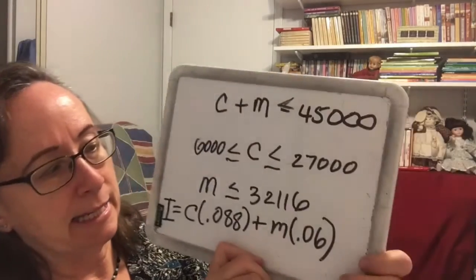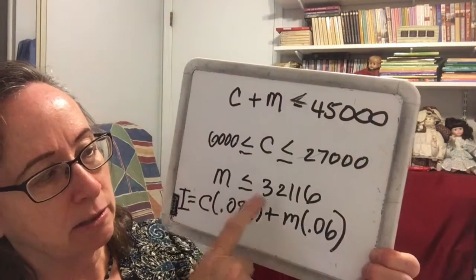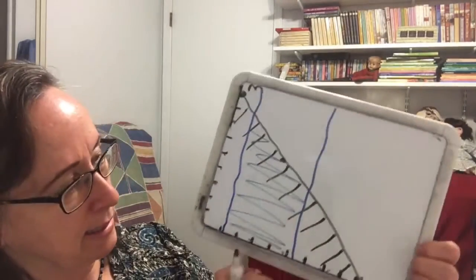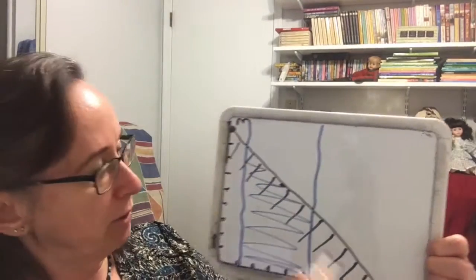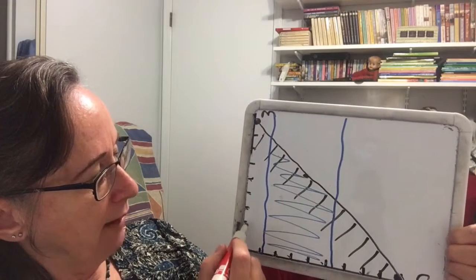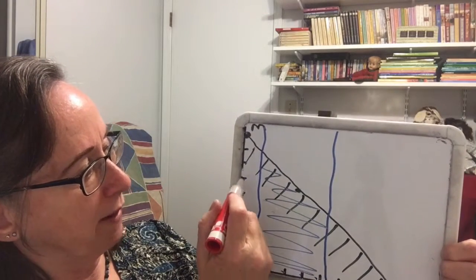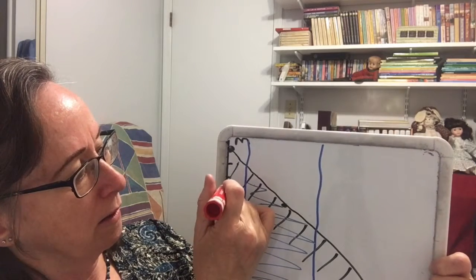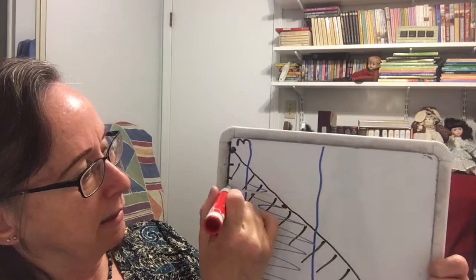And then the last one we'll do in red. And he's saying his municipal bonds are going to be less than 32,116. So we're going to take red, and our municipal bonds are on the y-axis, 32,116. So 5, 10, 15, 20, 25, 30, 32,116.